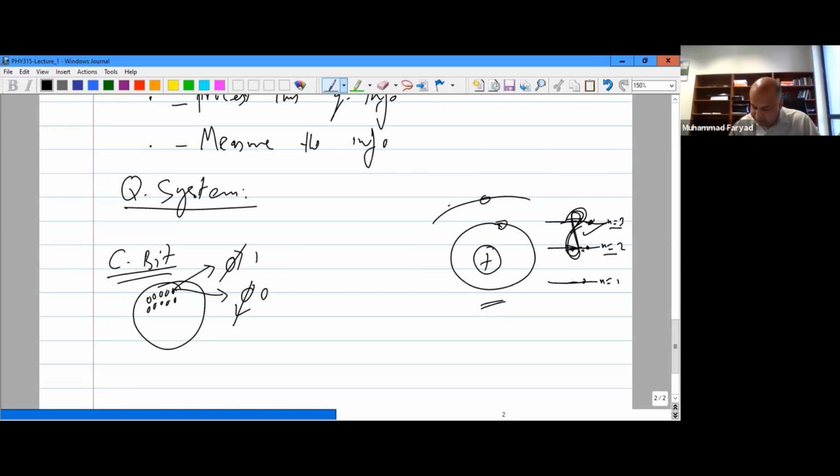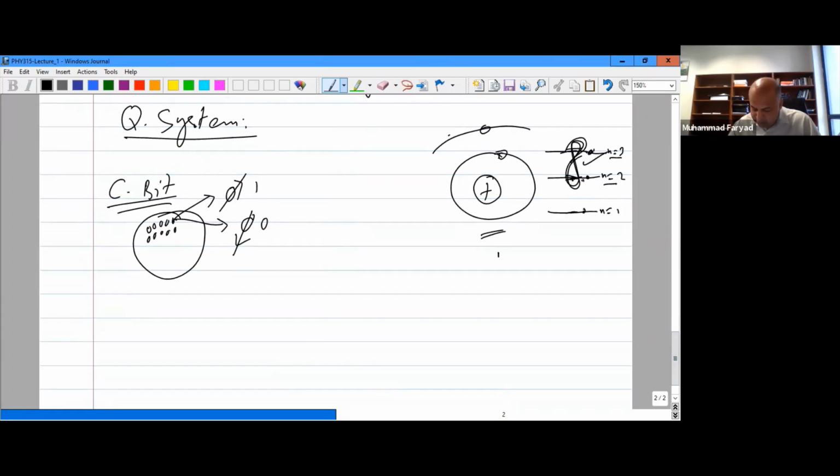Another example, so let me label it, for example, an atom. Similarly, you can think about molecules and so on. Another example could be your LC circuit. So for example, you have an inductor and a capacitor. We know that this is a resonator. It resonates with a certain frequency.